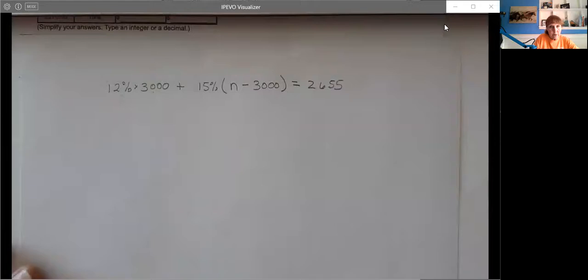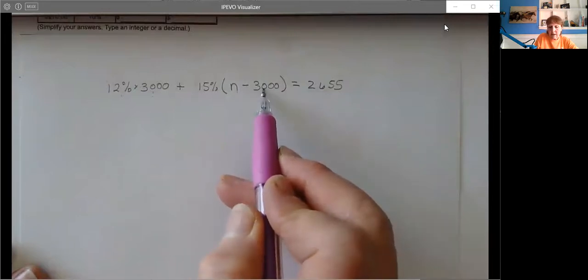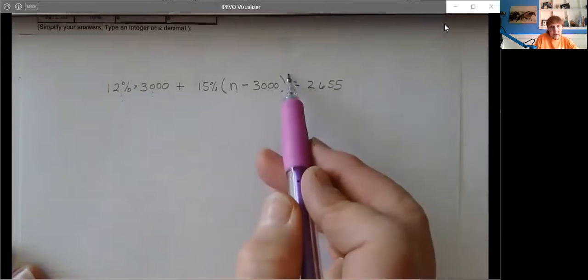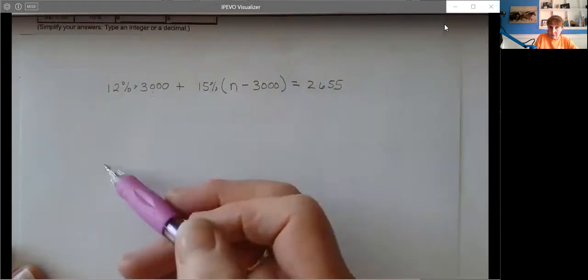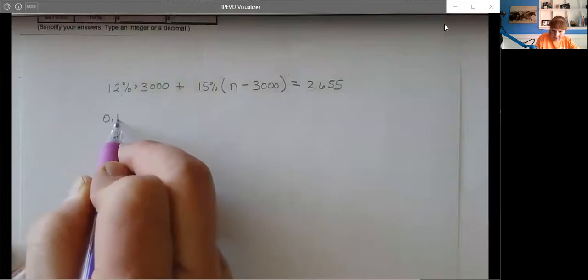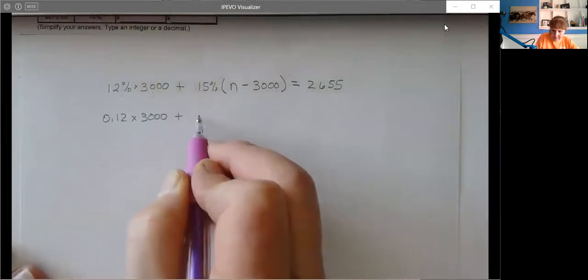Here we're going to do the multiplication first. You can't do parentheses because you cannot take an N and subtract 3,000. They are not like terms. So we are following PEMDAS. There's no exponents, so we're going to multiply. We have to change these percentages before we can multiply.